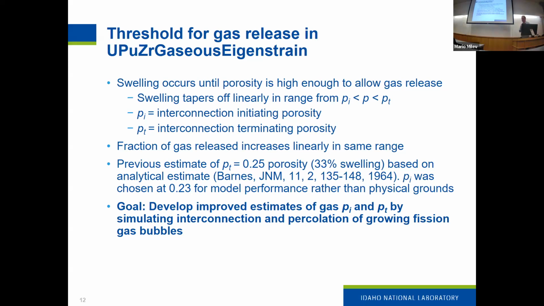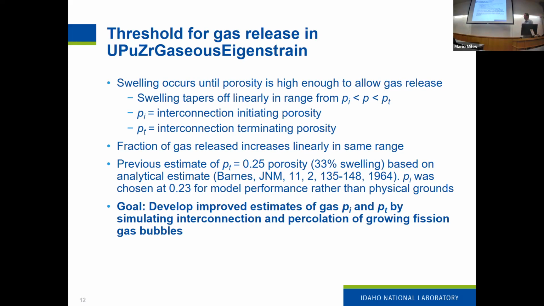So that expression that I showed before gives the swelling as a function of the fission density. What eventually happens is, as the fuel starts to swell enough, it becomes interconnected, and as the interconnection to the surface happens, it allows the fission gas within the fuel to be released from the fuel pin itself.